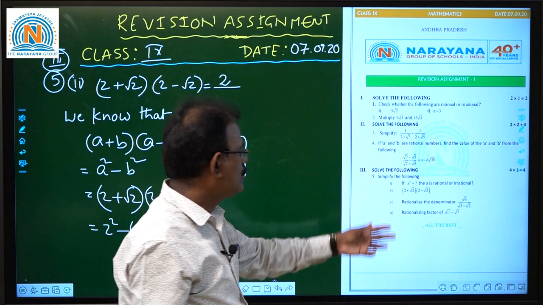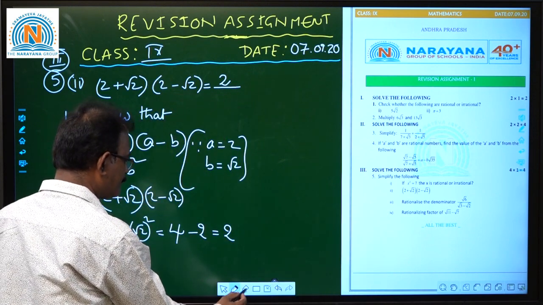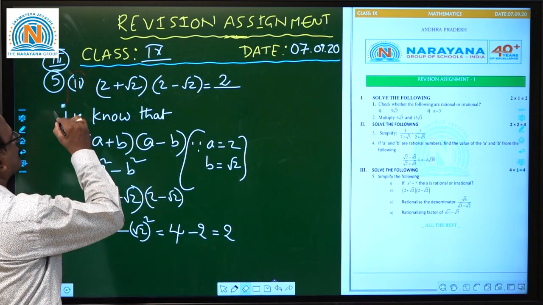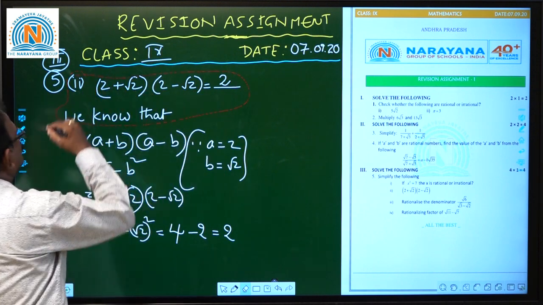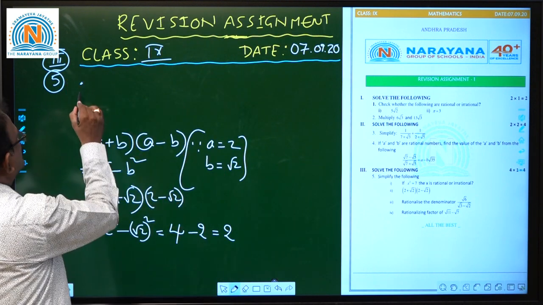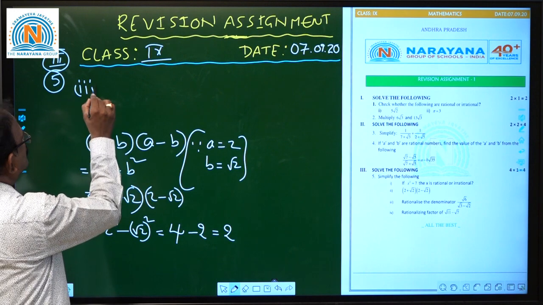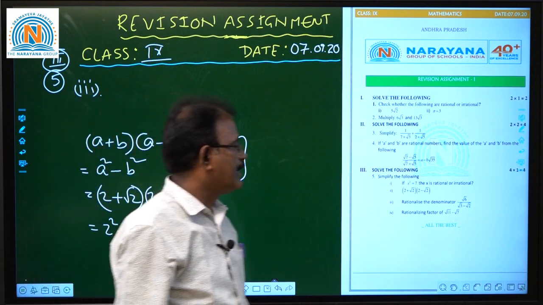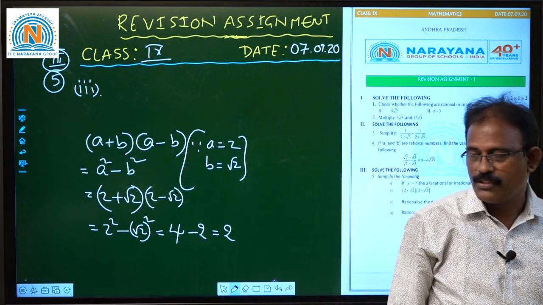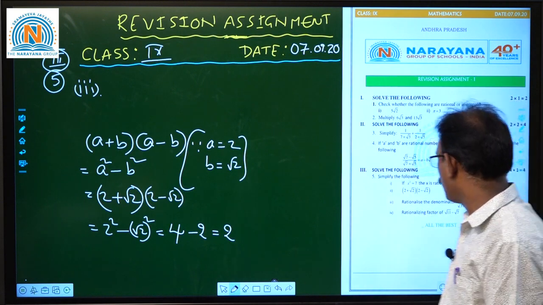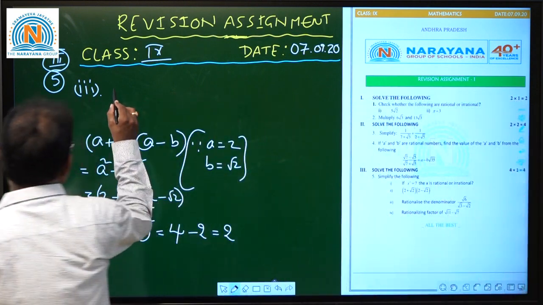And coming to the third one. What is the third one, children? Rationalize the denominator. The given fraction is root 6 by root 3 minus root 2.